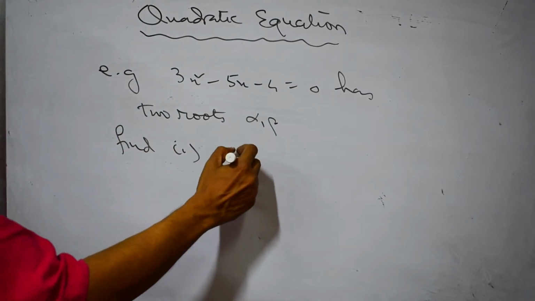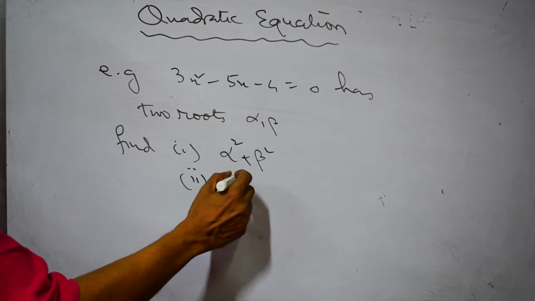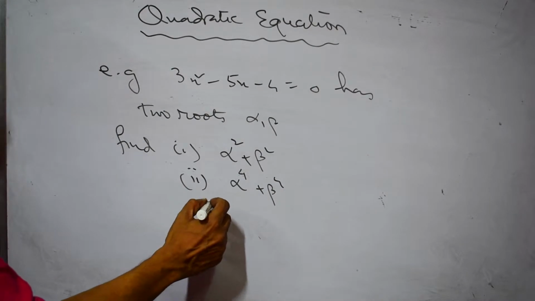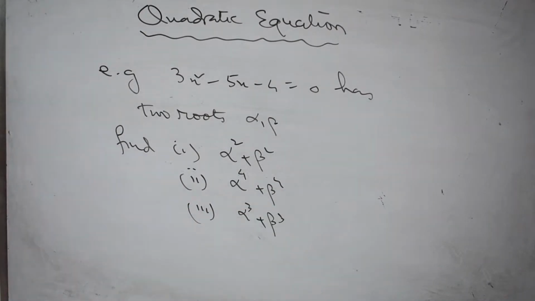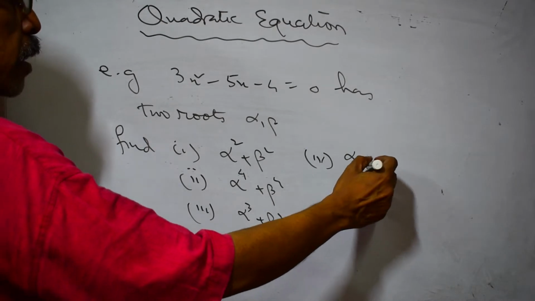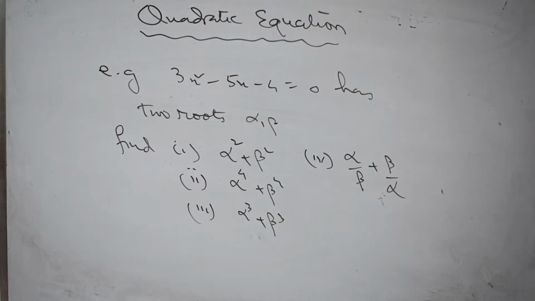First is alpha square plus beta square. Second is alpha 4 plus beta 4. Third is alpha cube plus beta cube. And not only this, we can have some more, like alpha by beta plus beta by alpha. So these 4 types of problems we can solve.